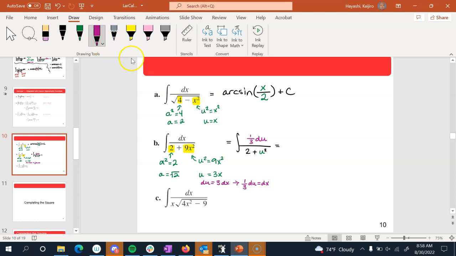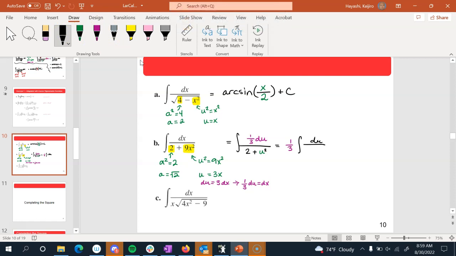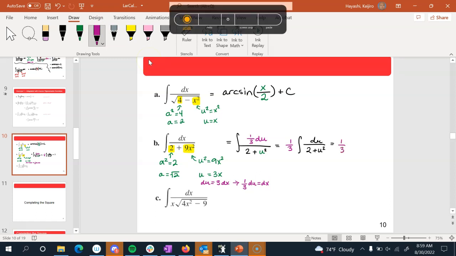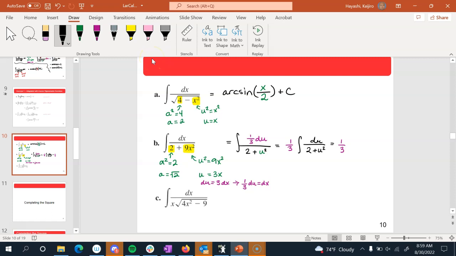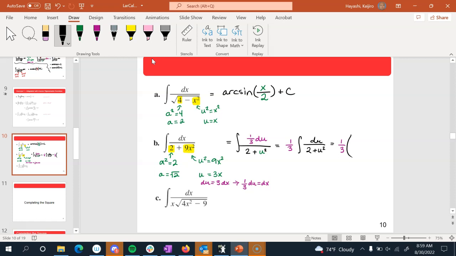We can just move that to the outside. And other than that, we'll have what we want. We'll have du over 2 plus u squared. So the integral of that is going to be, there's still going to be that 1/3 from before. And the antiderivative itself is going to be, this is an arctangent, so it's going to be 1 over a times the arctangent of u over a.